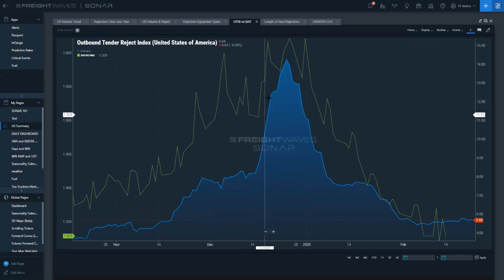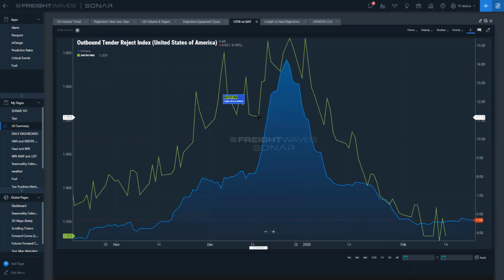So rejection rates have increased significantly, but you're still pricing based off of understanding that our rejections are 8%. So you're not seeing what has happened in that market. So you're possibly underquoting. You possibly might have some issues in the next week covering that freight that you're taking because you didn't have visibility into that market, which nobody has until SONAR.